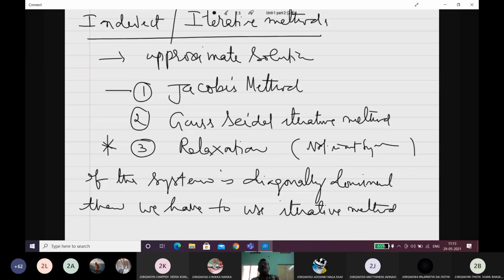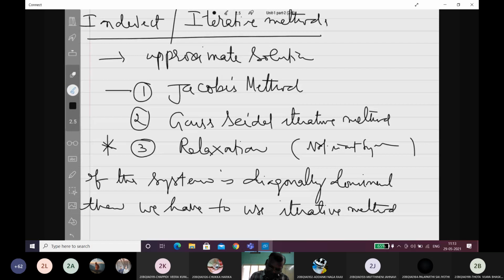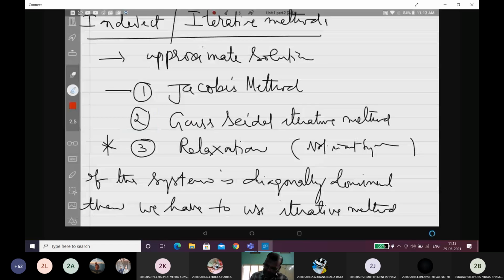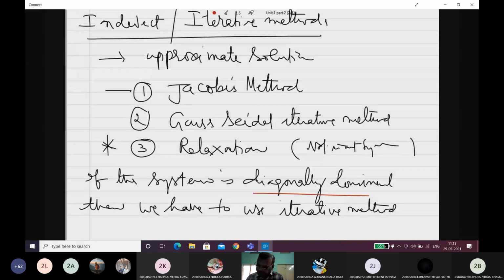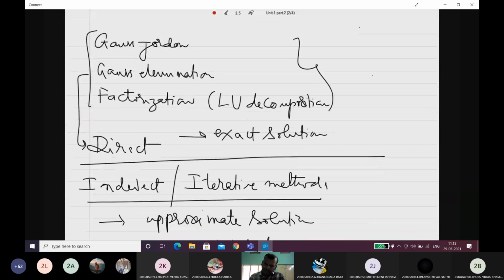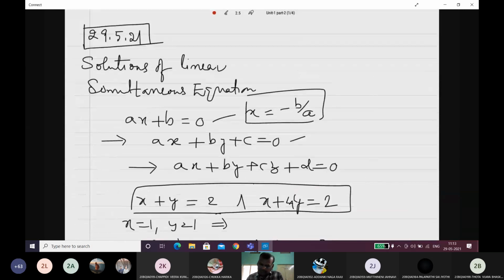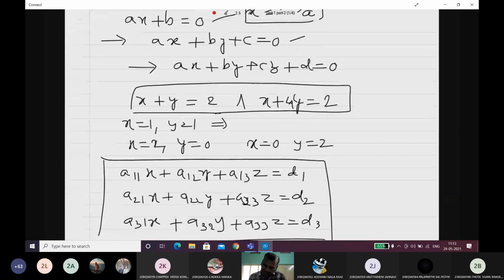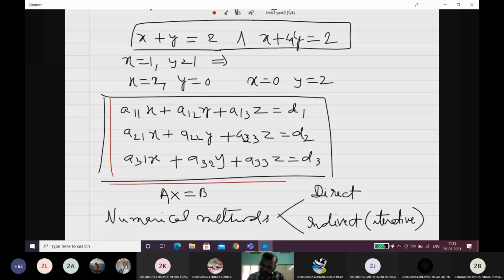Now, what is the meaning of diagonally dominant? Observe the system of equations. These are the elements in the diagonal.